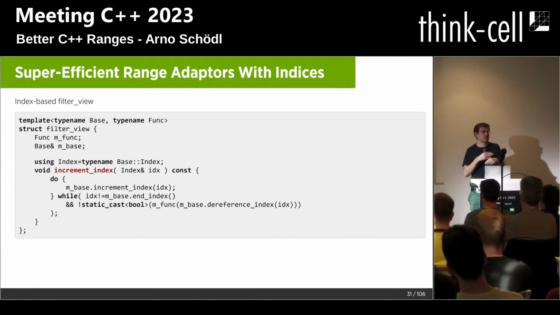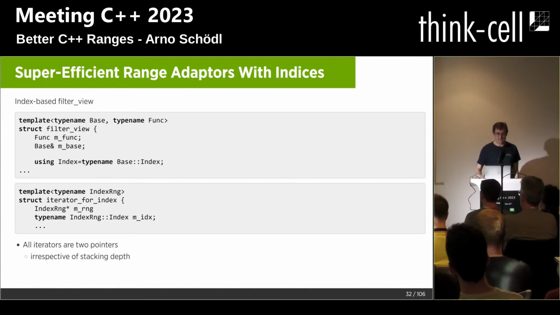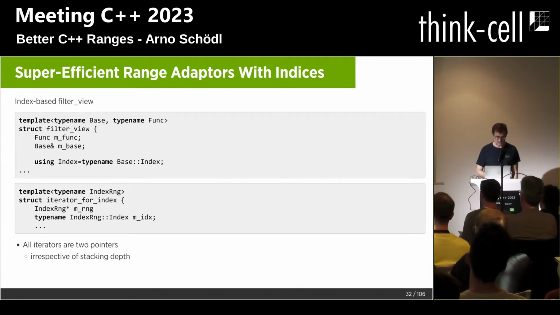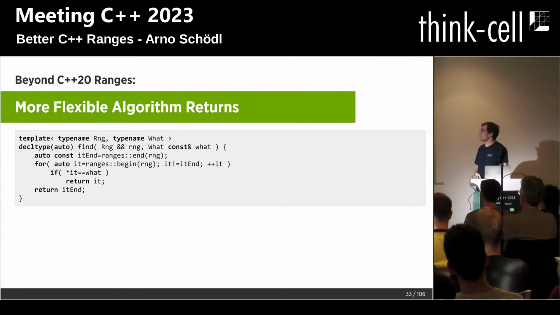So in this case, it will really all be inlined. It will all be a single object. Yes, and the iterators all have two pointers: a pointer to the base range, and in this case, the vector iterator, also a pointer. And you can stack as much as you want. Okay, on to the next idea.